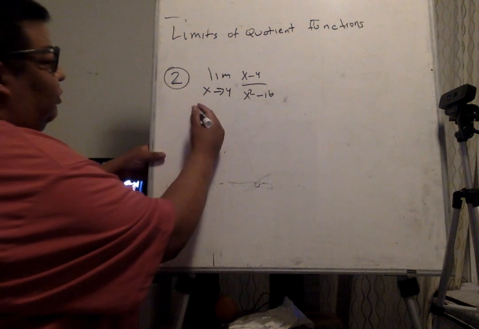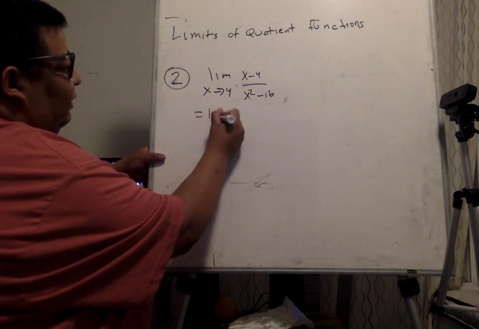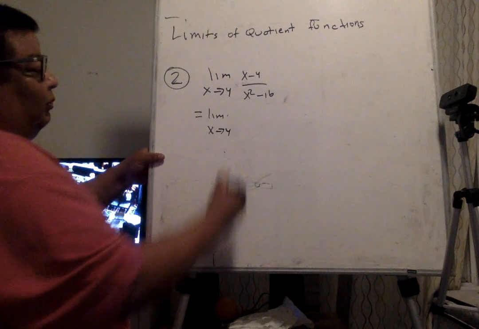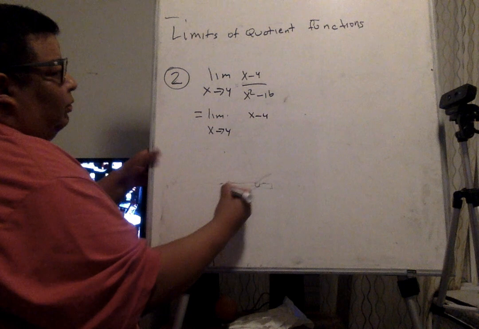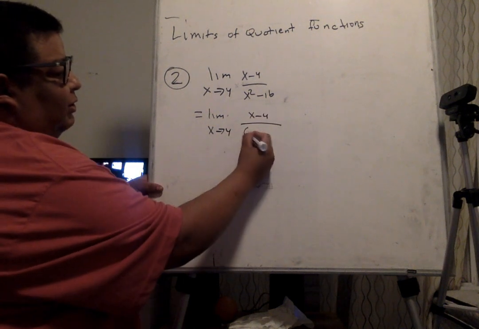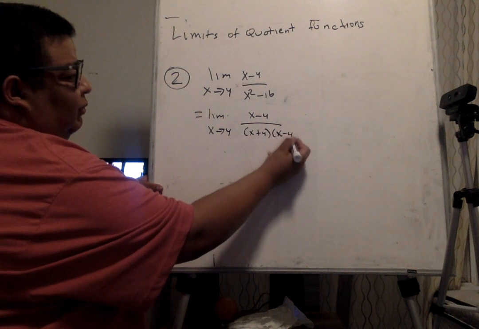So we have to do just like the previous problem. We need to factor it. So we're gonna have limit as x approaches 4 of x minus 4 over, we can factor this like this, x plus 4 times x minus 4.